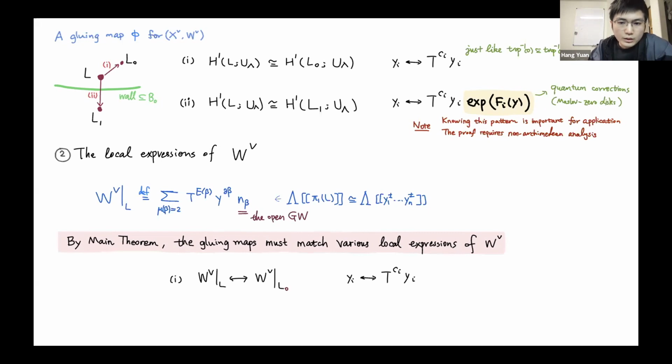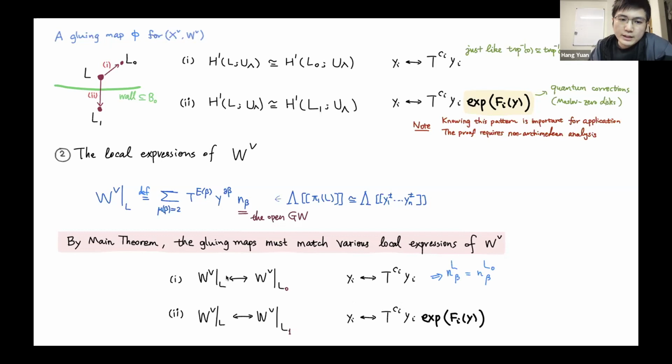So you may have two situations. If you don't cross the wall, the two local superpotentials are connected by a simple map. But if you cross the wall, the two superpotentials are connected by a more complicated map.